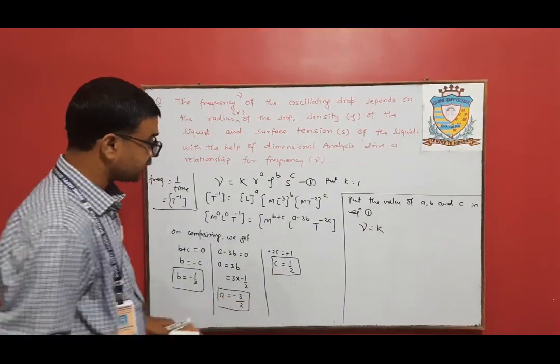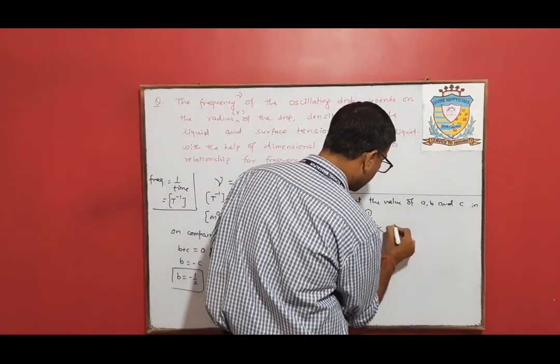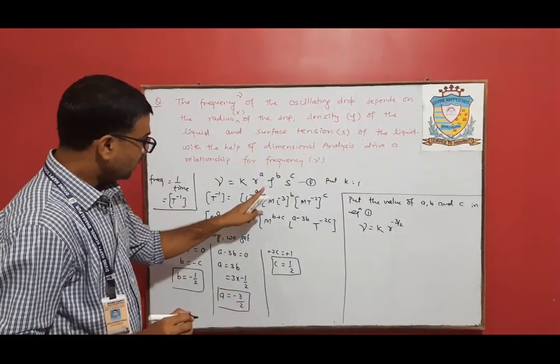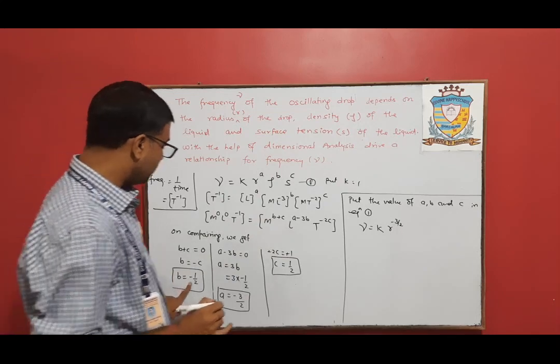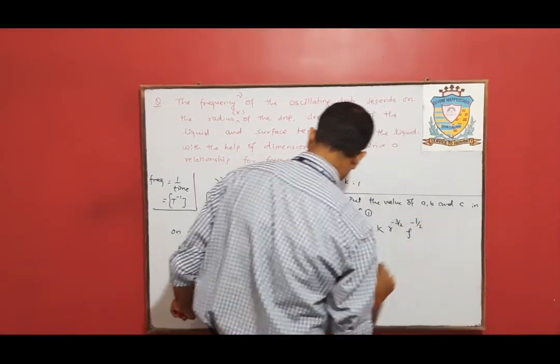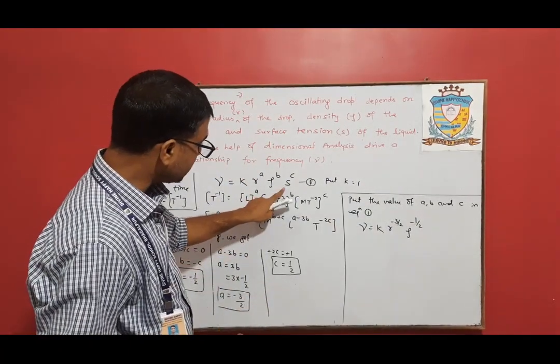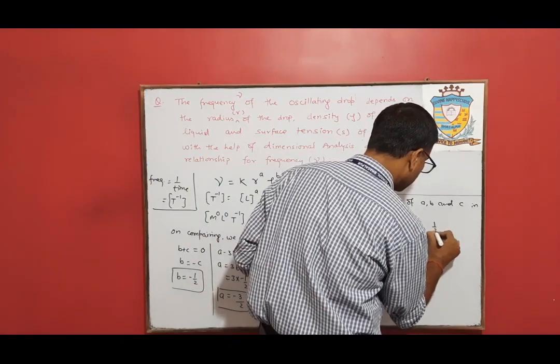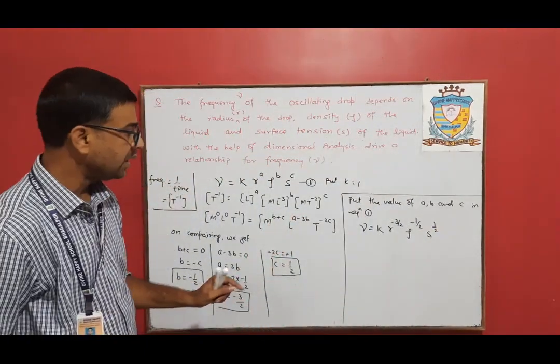Value of a is minus 3 by 2. So r raised to power minus 3 by 2. Here the rho raised to power b, and value of b is minus 1 by 2. So rho raised to power minus 1 by 2. And surface tension s raised to power c. So s raised to power c, and value of c is 1 by 2.